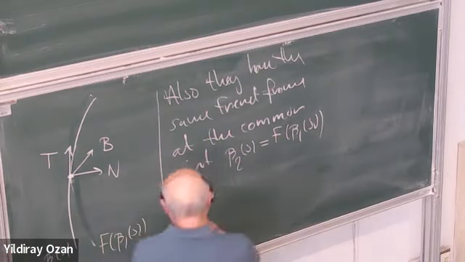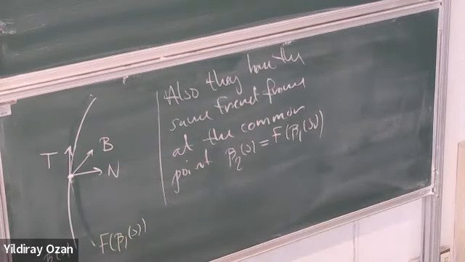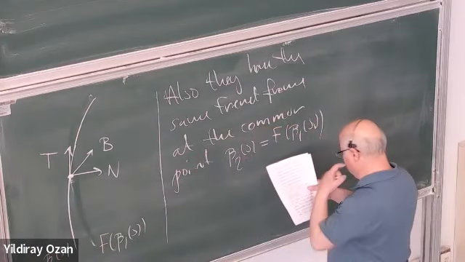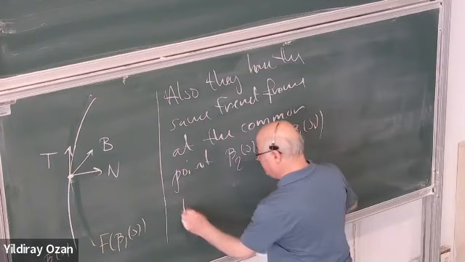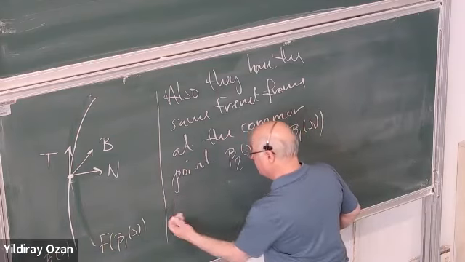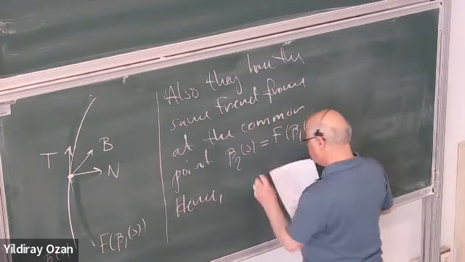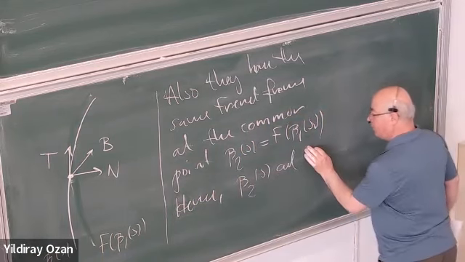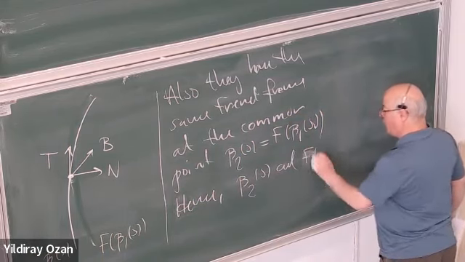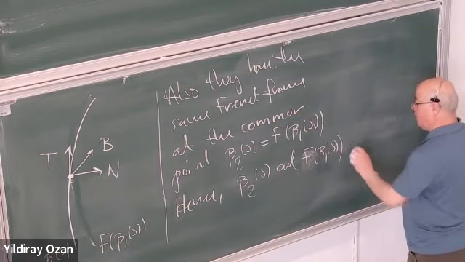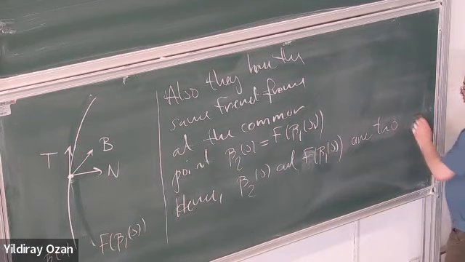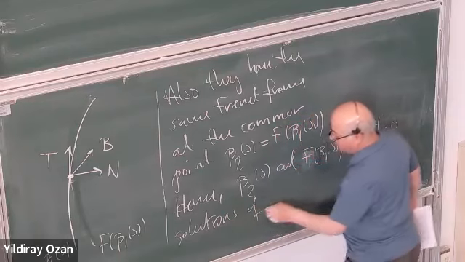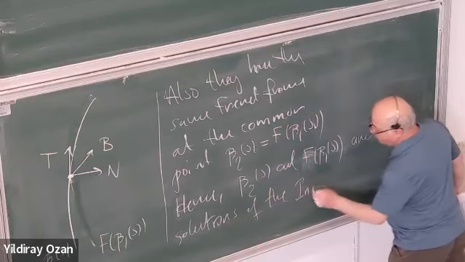Okay. Well, then we have what? Hence, beta 2 S and F of beta 1 S are two solutions of the initial value problem.